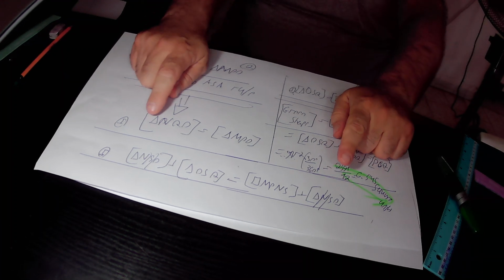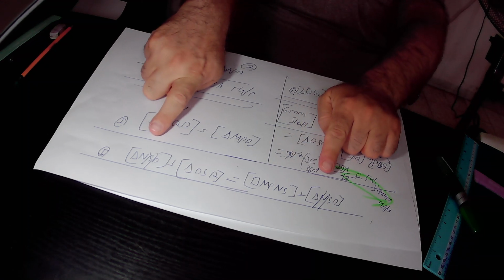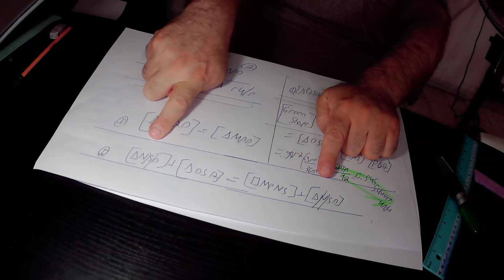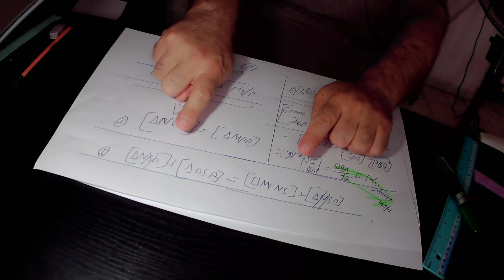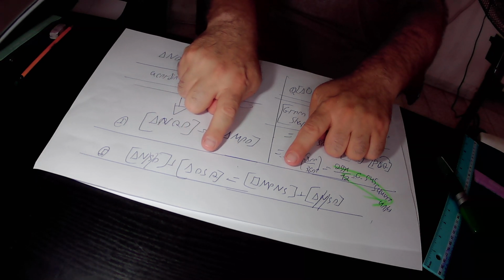So here we have triangle NSO on both sides of equation 1. So we can subtract the area of triangle NSO from both sides of the equation. The area of triangle NSO gets cancelled, and we are left with only those two components.